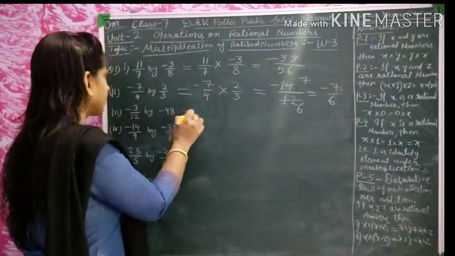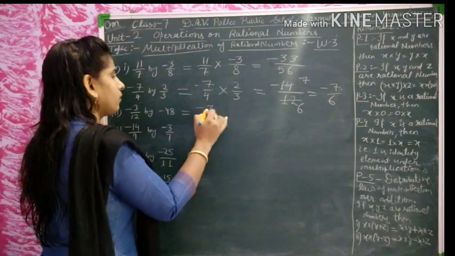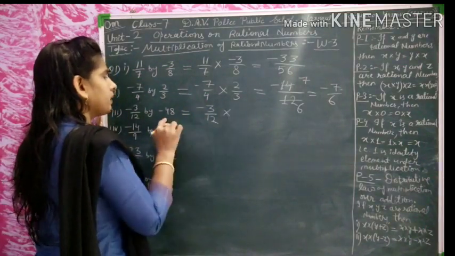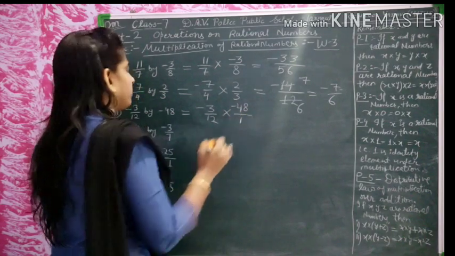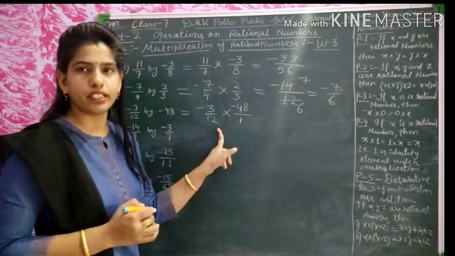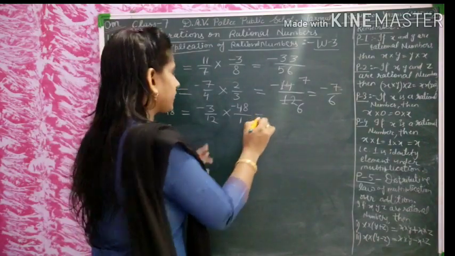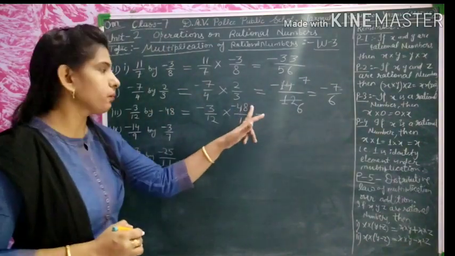Now we are seeing minus 3 by 12 multiplying by minus 48, and it will be divided by 1, because there is no number to multiply in the denominator. So students, you are seeing here minus 3 into minus 48.